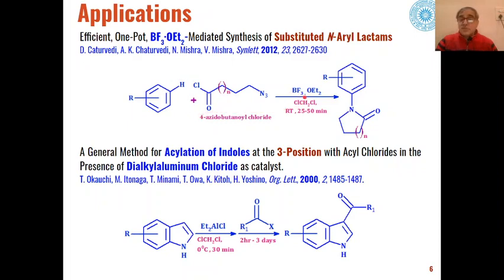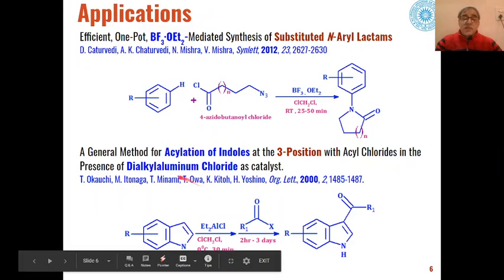So this Lewis acid will interact with the acyl chloride, and we will get an acylium cation at this place, and then this will undergo electrophilic aromatic substitution, and then this azide will undergo elimination of nitrogen molecule, and cyclization will take place at nitrogen, and we will get these types of substituted N-aryl lactams as the product of Friedel-Craft acylation reaction.